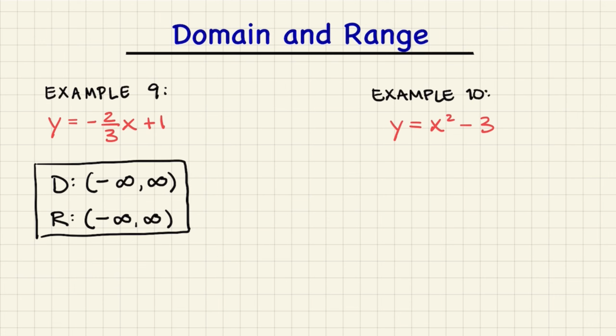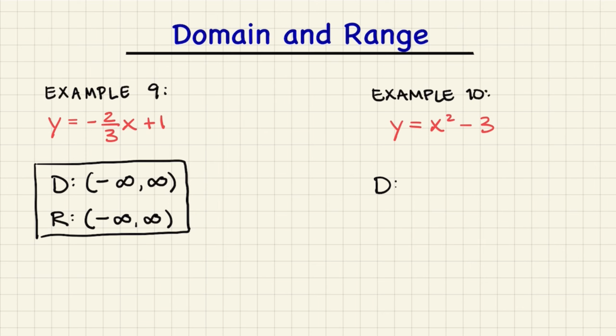So again, the first thing we do when we write our domain is to assume all real numbers and then check. So we can in fact plug in any number into x. We can plug in negative numbers, we can plug in 0, we can plug in positive numbers. So this x will be all real numbers.